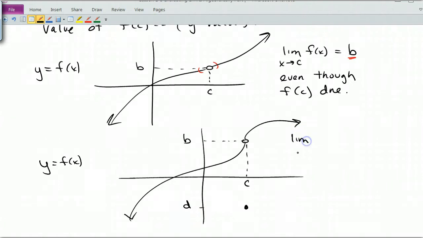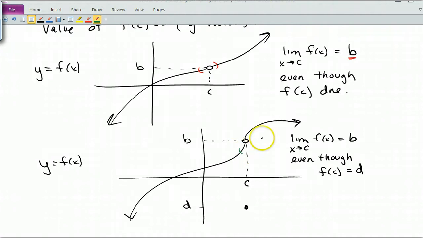Now the limit as x goes to c of f of x is still equal to b, even though f of c is equal to d. Because again, as x approaches c, what is my y value doing? It's going to b, and therefore that's the limit.